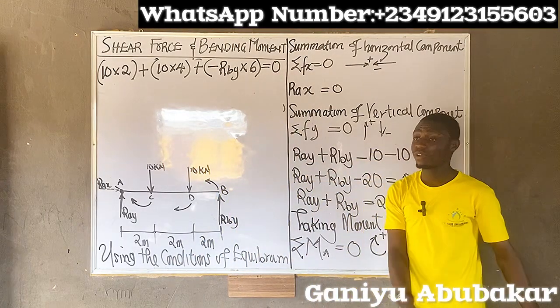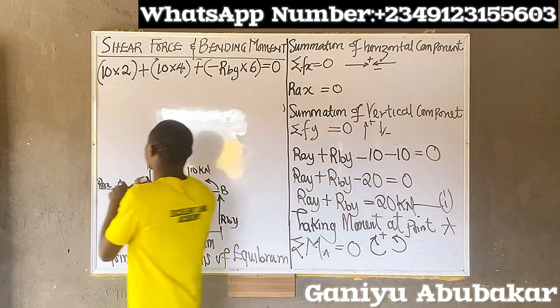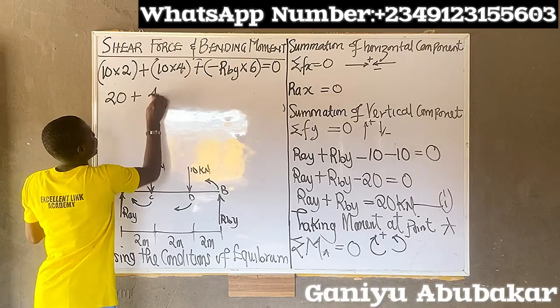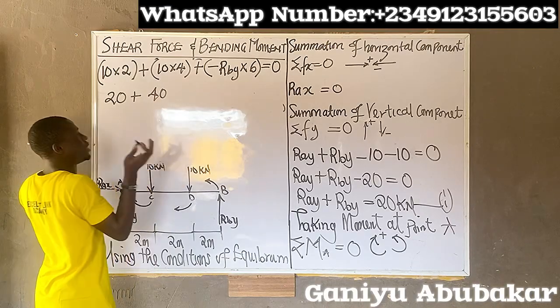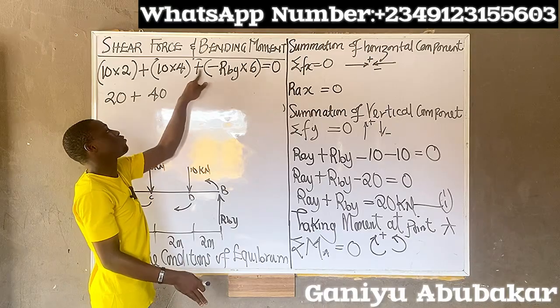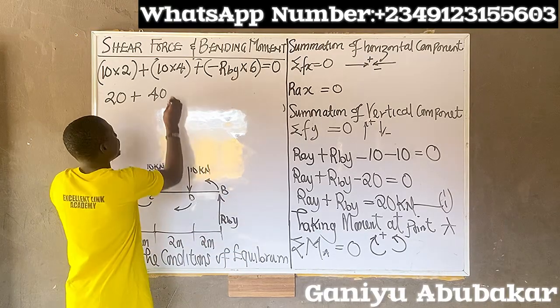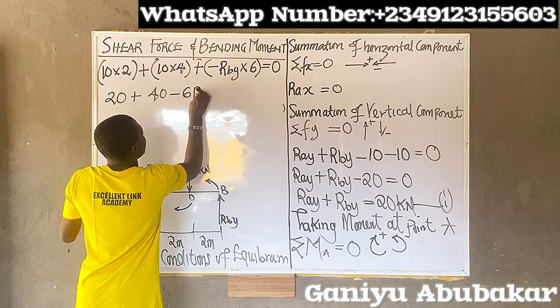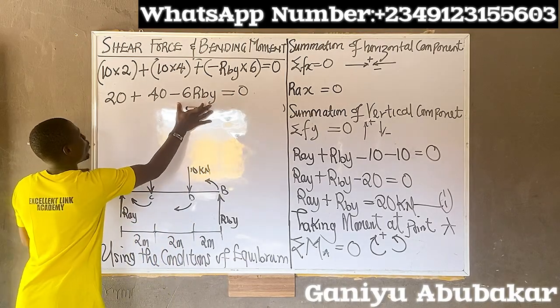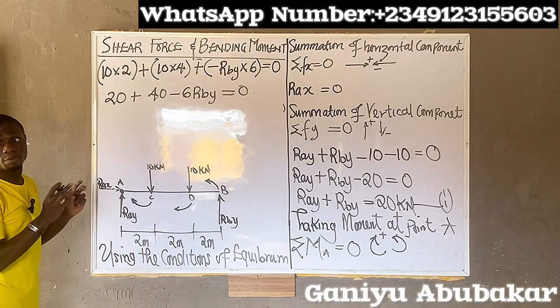Now from here, we just multiply and get through. This gives you 20 plus 40. Now this times this gives you 6RBY. Plus times minus gives you minus. So I have minus 6RBY equal to 0. Take this to the other side. That gives you a positive 6RBY.